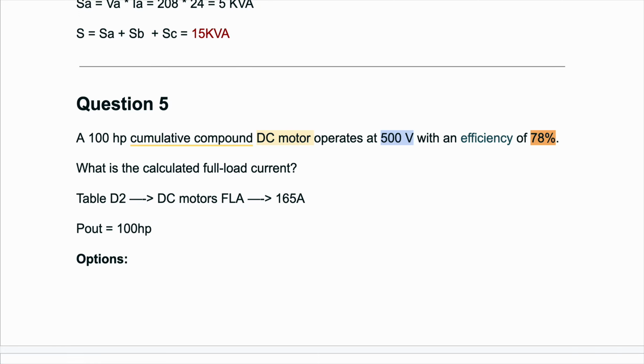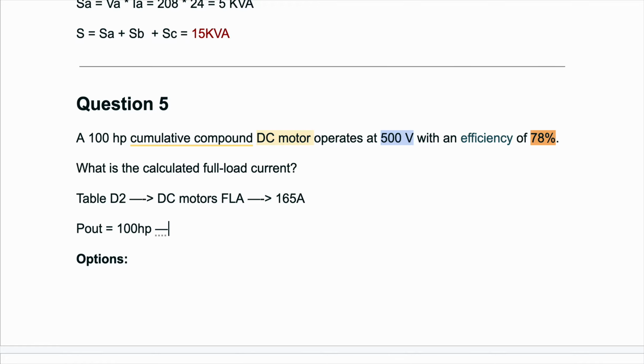We don't know how much power we give to the motor, but we know that this black box has 78% efficiency. So we know the output power and the efficiency, so we can calculate the input power of the black box.